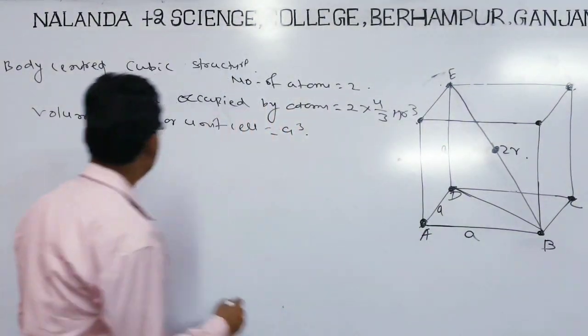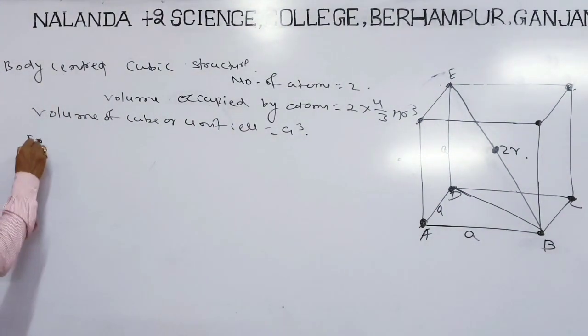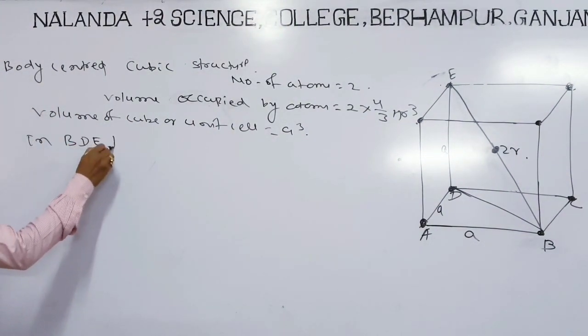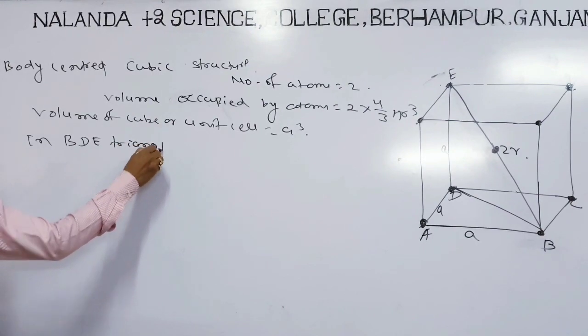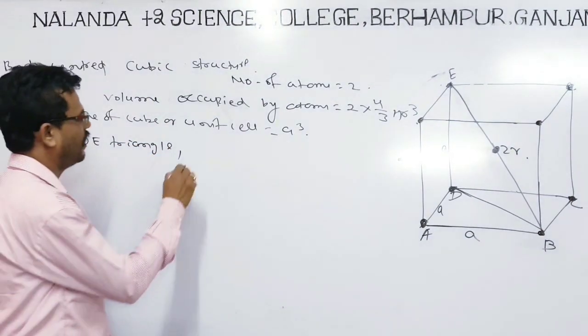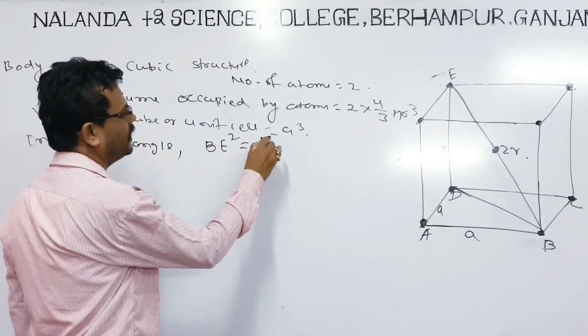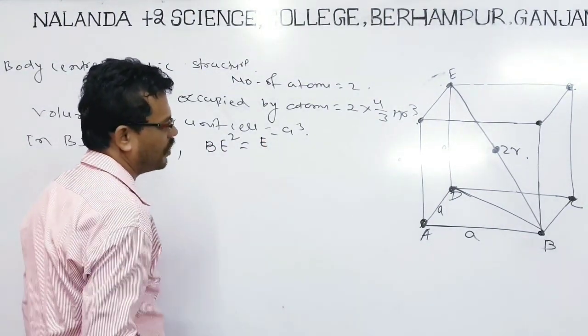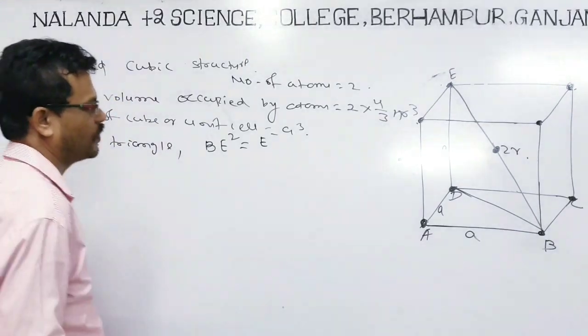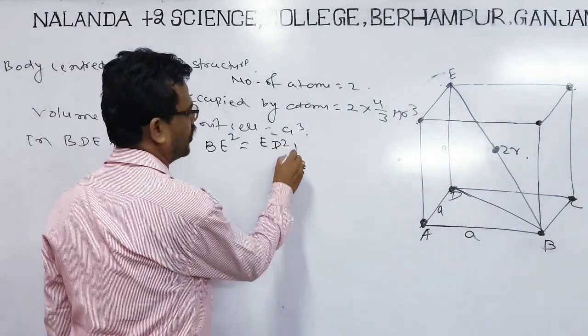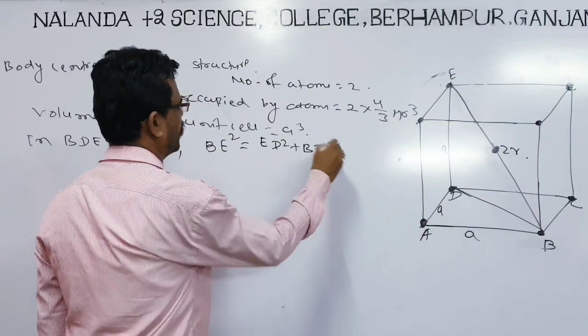In triangle BDE, you see BE square is equal to ED square plus BD square.